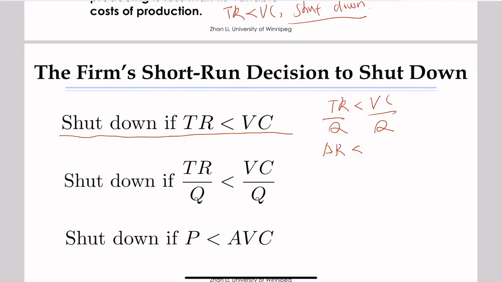Well, it's just average variable cost. And we know that for a competitive firm, average revenue equals price. So you can see that the shutting down condition can also be written as: the firm will shut down if price is smaller than average variable cost, right?